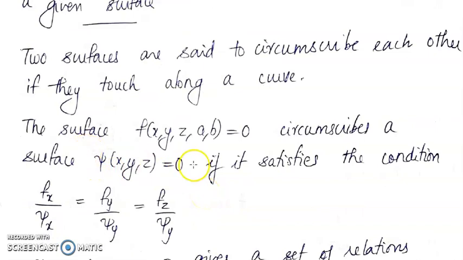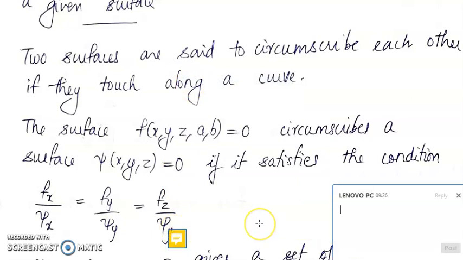So you are given the surface f of x, y, z, a, b equal to 0 and the surface psi of x, y, z equal to 0. Now, if they circumscribe each other, then the derivatives f_x, f_y and f_z, and psi_x, psi_y and psi_z, so sorry, this is z over here.